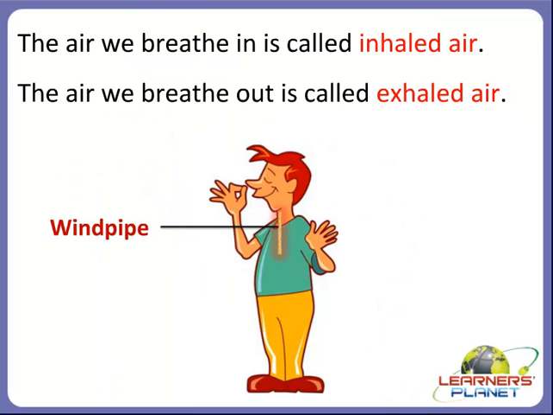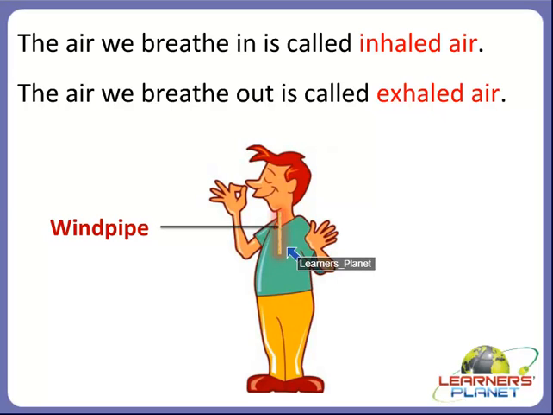So children, we can say that the air we breathe in is called inhaled air. What is it called? Inhaled air. And this inhaled air goes down the windpipe. You can see the windpipe here. It goes down the windpipe and then it reaches the lungs.